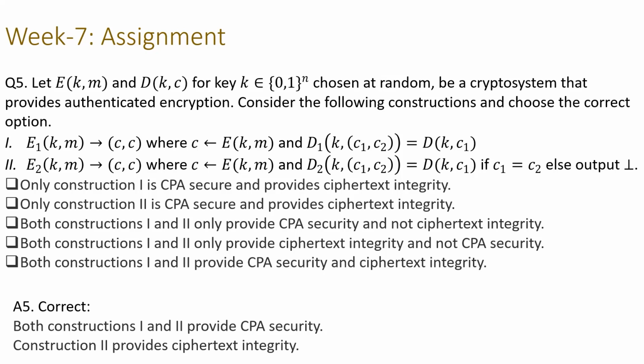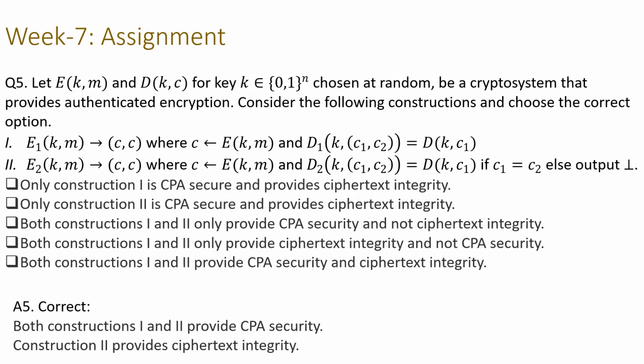If the basic scheme is CPA secure, through the encryption oracle the adversary is just able to see plaintext-ciphertext pairs as M comma C, where each C is an encryption of M only.